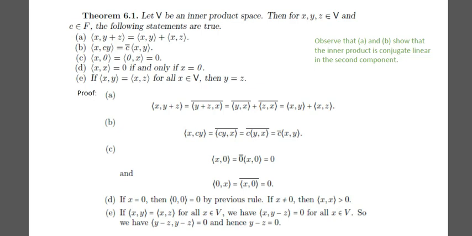This implies y minus z is equal to 0, that is y is equal to z. Please observe that the first two properties show that the inner product is conjugate linear in the second component.